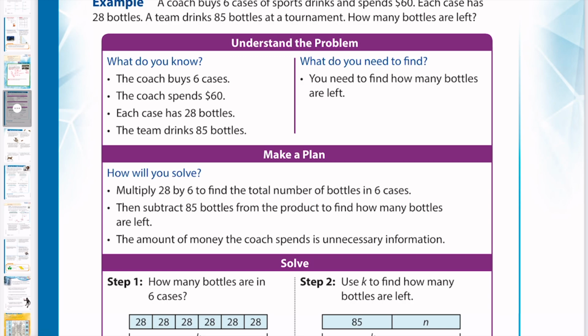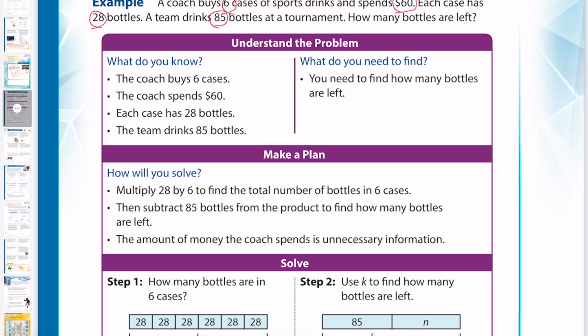All right. A coach buys 6 cases of sports drinks and spends $60. Each case has 28 bottles. A team drinks 85 bottles at a tournament. How many bottles are left? All right. So what do we know? We are going to figure it out.